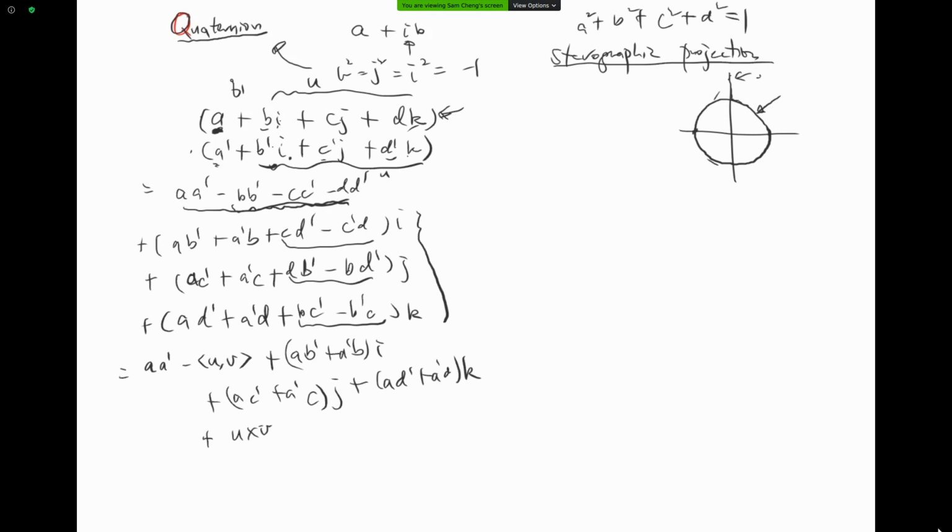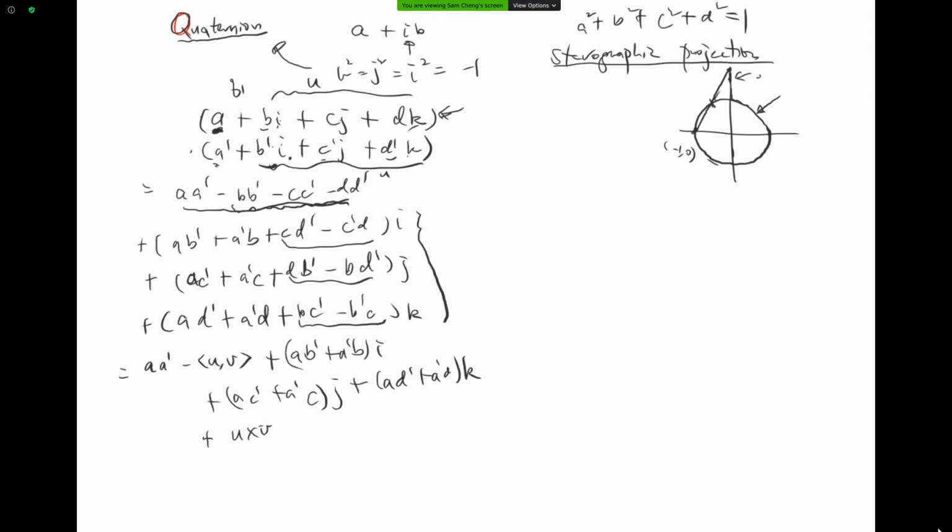Let's say I have a point here on the circle, and this -1, 0 point here. If I connect them and project to the imaginary axis here, then each point on this circle will be projected one-to-one to this imaginary line.